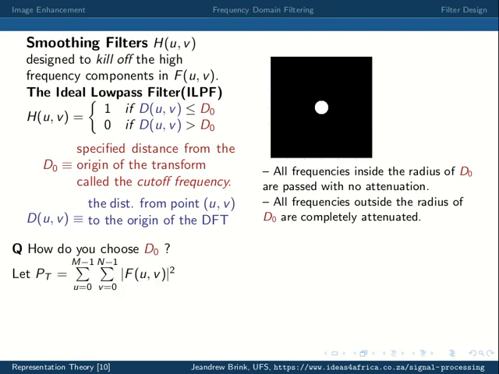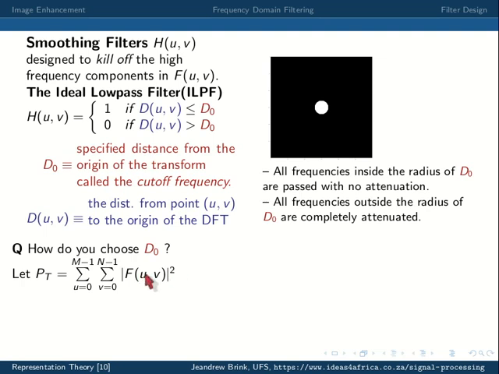What you do is you say, let me look at the power of my image. The way we define the power of an image is simply to take every single pixel, in this case of the Fourier transform, and square it and add it together. Okay?